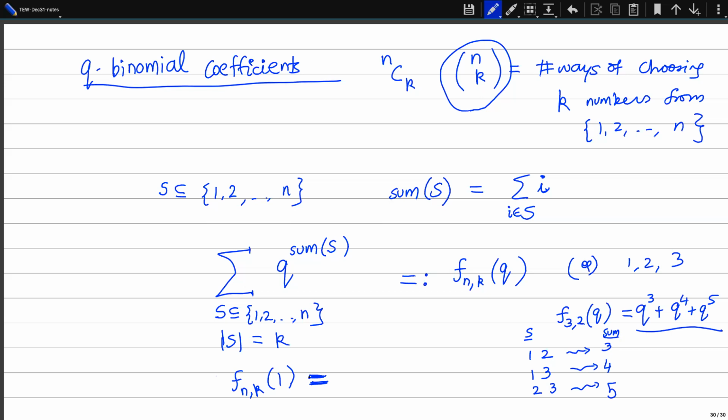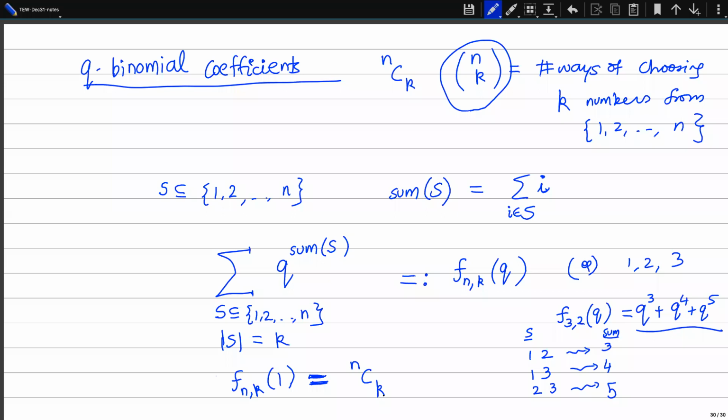The number of ways of choosing k, the number of ways of choosing 2 numbers from 3 in that example. And in general, f n k at q equals 1 is just n choose k.